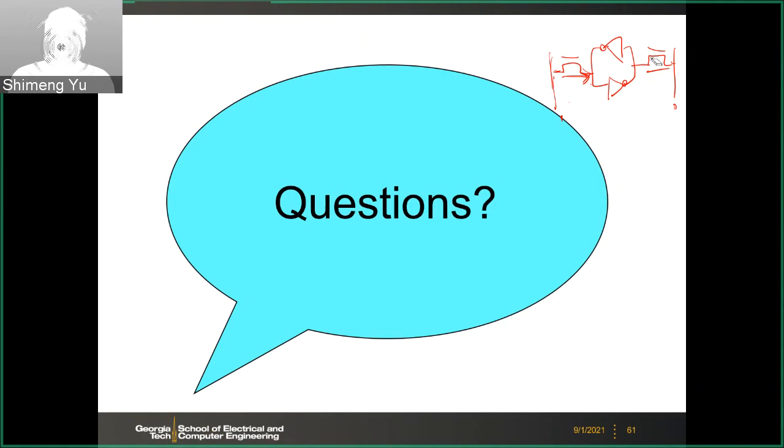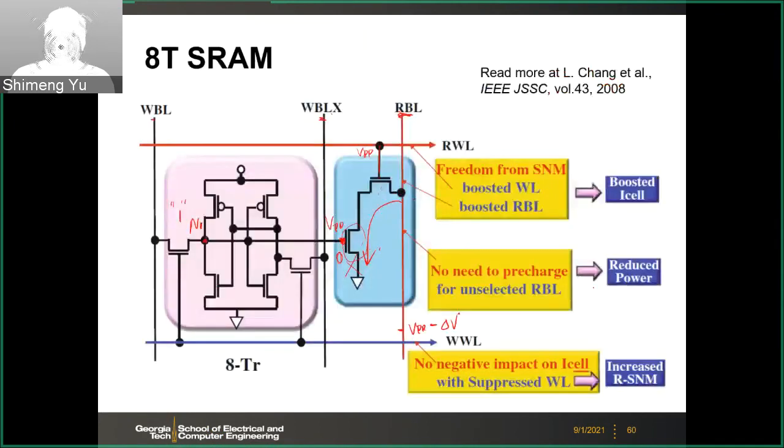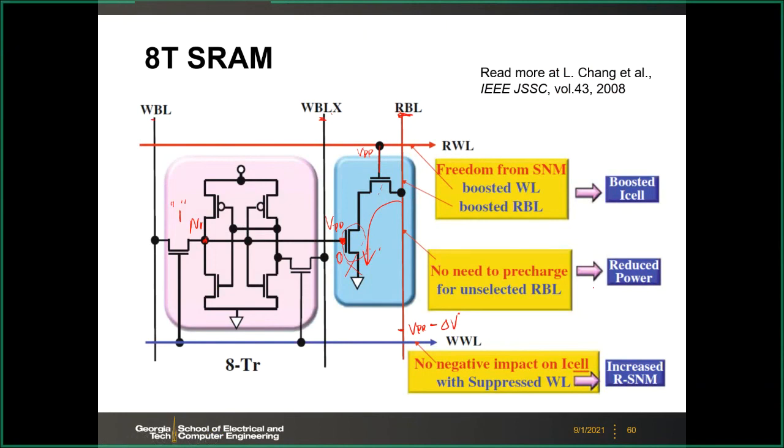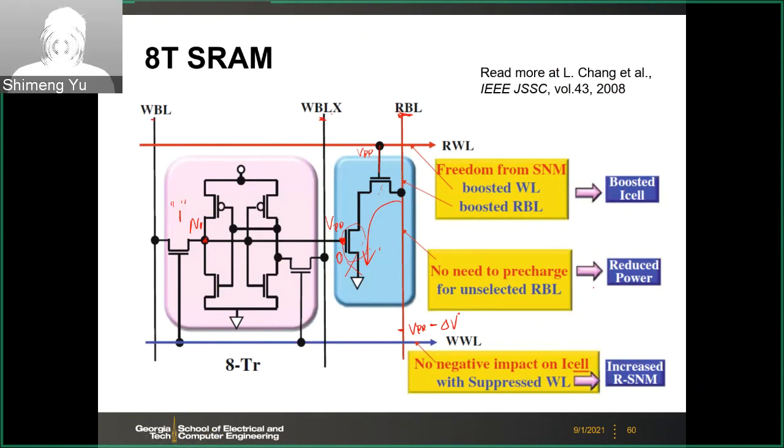So the AT-SRAM cell can solve this issue because now the read and write paths are decoupled. And I believe this is also your homework. You are going to read this paper, answer some questions, and figure out the details of the AT-SRAM itself.